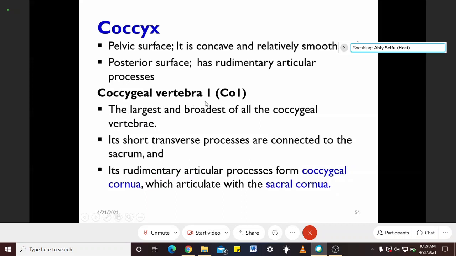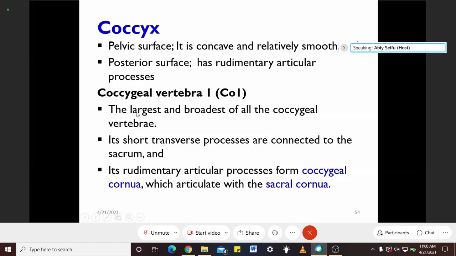And the coccygeal vertebrae, the superior one, remember, is formed by a fusion of 3 up to 5 vertebrae. The first coccygeal vertebra is abbreviated as capital C, capital O, and Roman number 1, whereas the cervical one is capital C followed by a number.